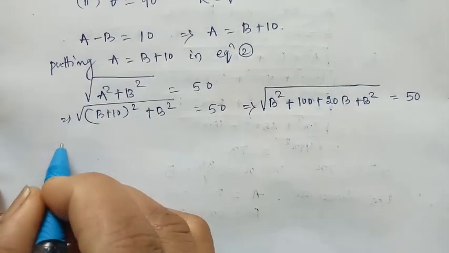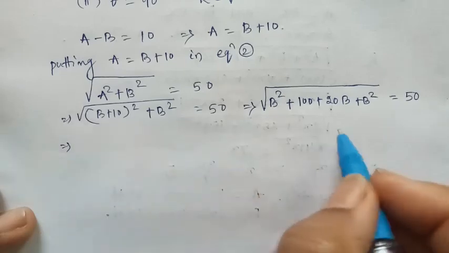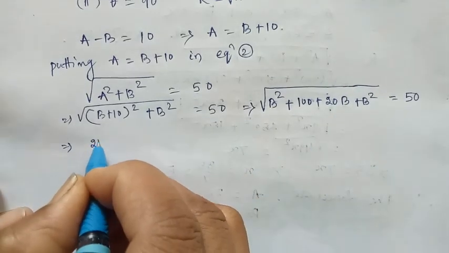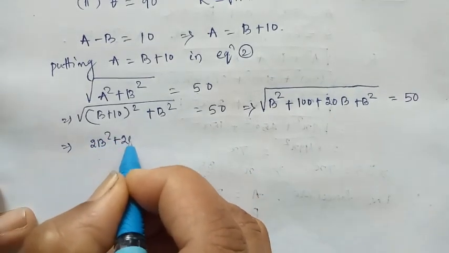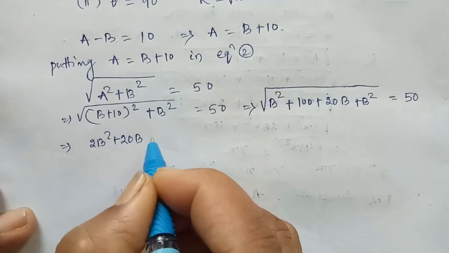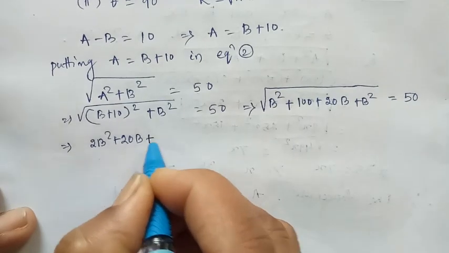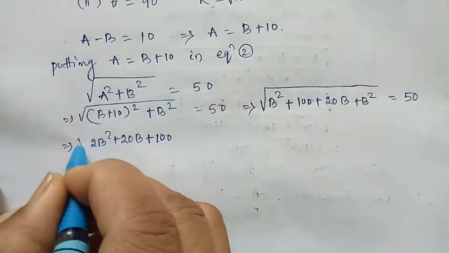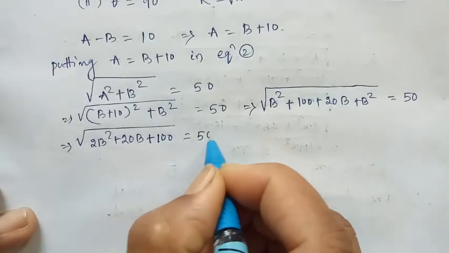Now squaring both sides, or first simplify this: 2B square plus 20B plus 100, root over, is equal to 50.